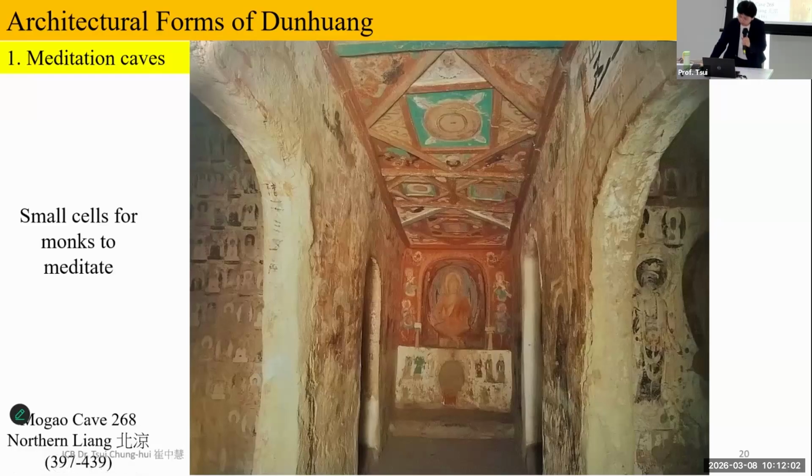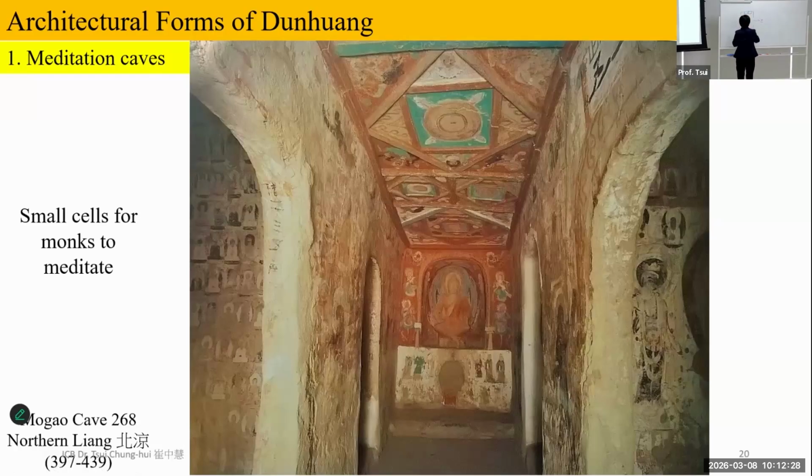So before we continue to the other caves, I just want to mention the direction of the cave. In Dunhuang, the caves were built facing the east. And we enter into the cave.